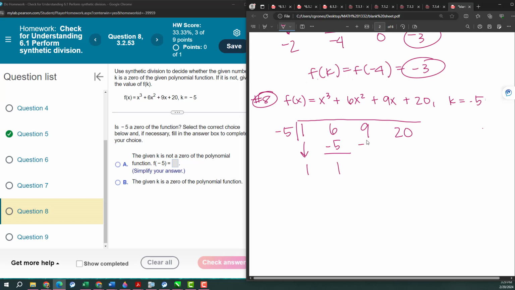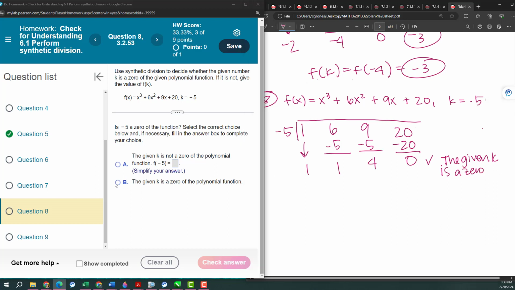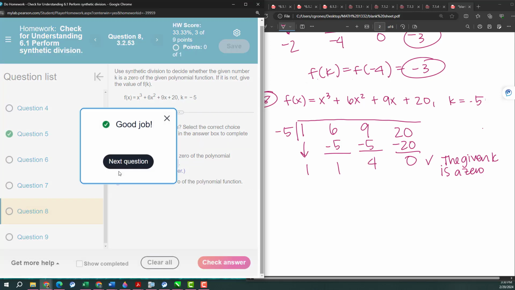Do it again. 9 minus 5 is 4. 4 times negative 5 is negative 20. So, yes, the given k is a 0. Option B. Okay.